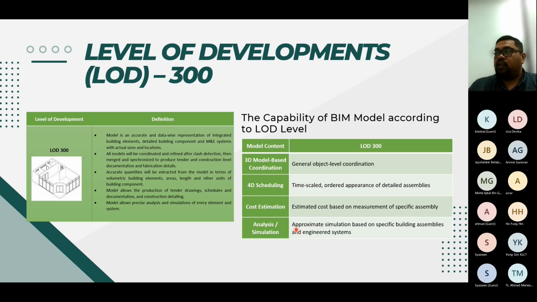And then we can do analysis, for example energy analysis, lighting analysis, and I think right now Autodesk has a product for green building rating analysis also. So we can use this LOD 300 to do the analysis.